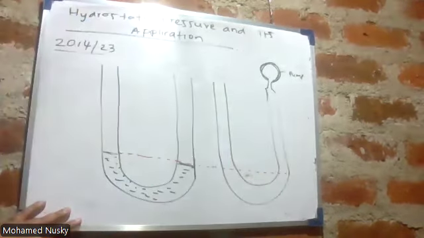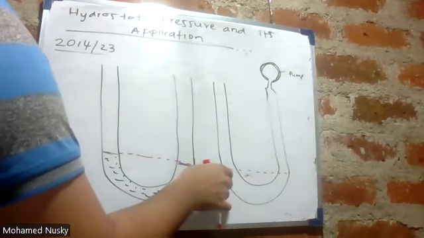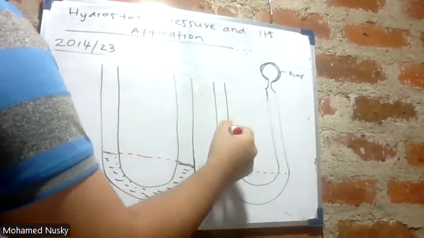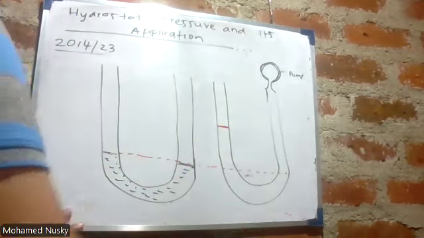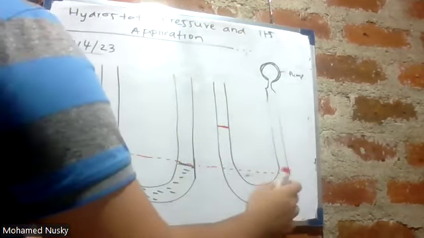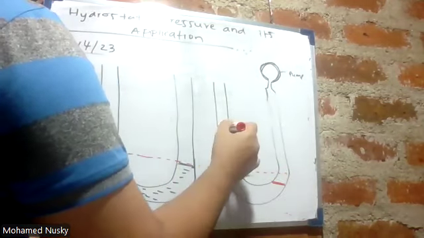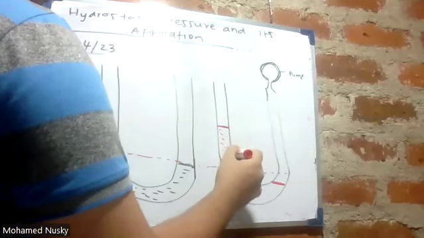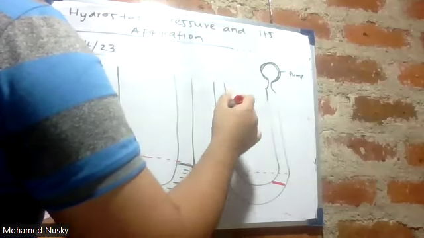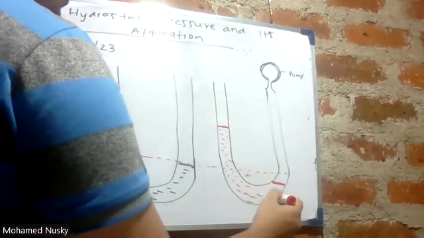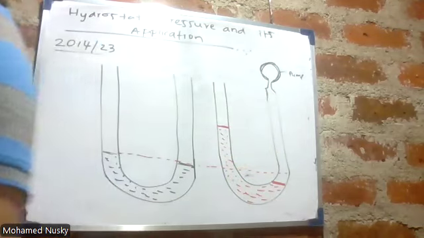From this water level, due to increasing pressure, the water level goes up here, and here the water level will drop down to this height. So this is the new water level in these two columns.